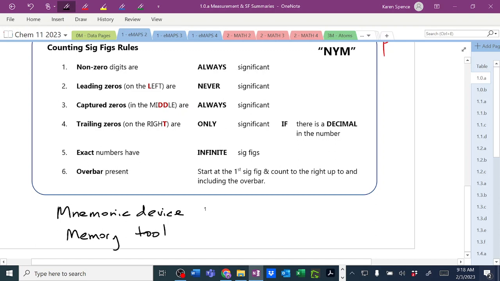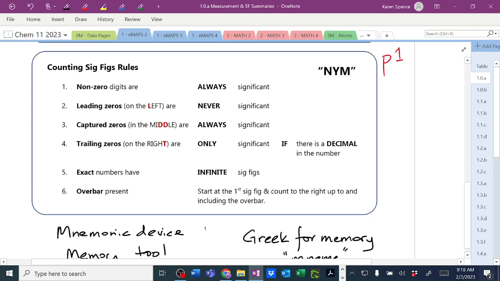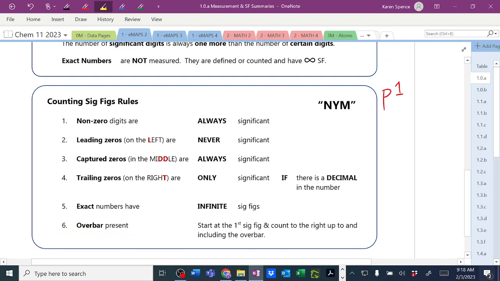And that's because the Greek for memory is mneme. Okay, so there we are, we've got that. So our memory tool that we are going to use is NYM. Okay, you'll notice that the N is on the left, the Y is in the middle, and the M is on the right.